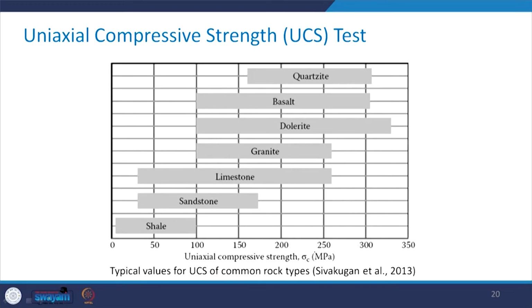Just as the variation in Poisson's ratio is there because of mineralogical composition, you will have a similar kind of variation in the case of UCS. Again, you see the same rock type, but the variation is so large. For example, take dolerite.